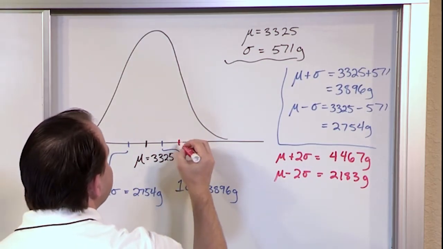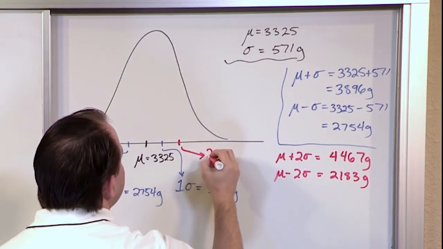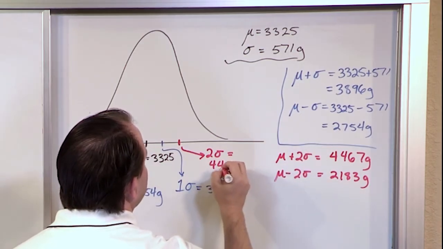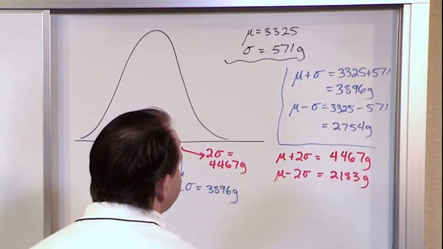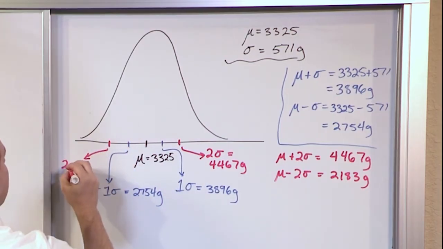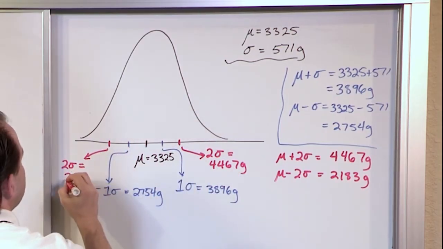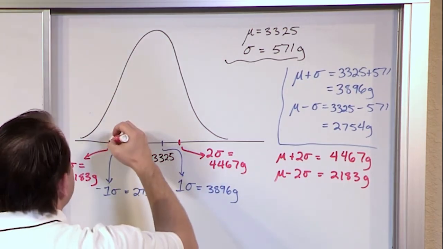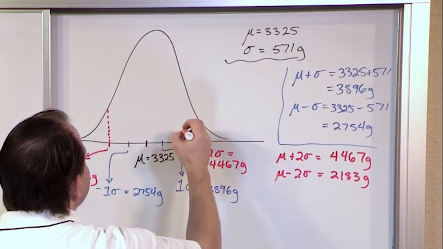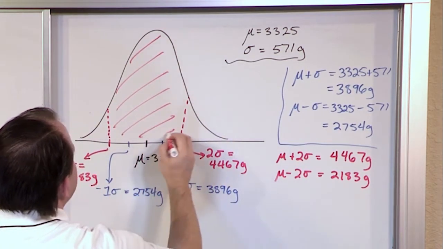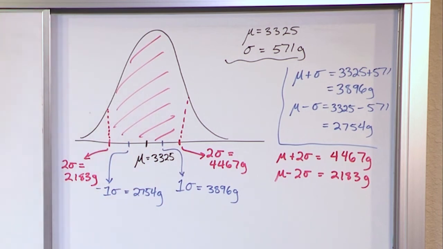Now these numbers actually match our problem numbers. So 2 sigma here would be the next one, right? 2 sigma equals 4467 grams. And on this side, 2 sigma equals 2183 grams. So that means I'm looking for what percentage lies in here, which is everything that lies within plus or minus 2 sigma about my mean.